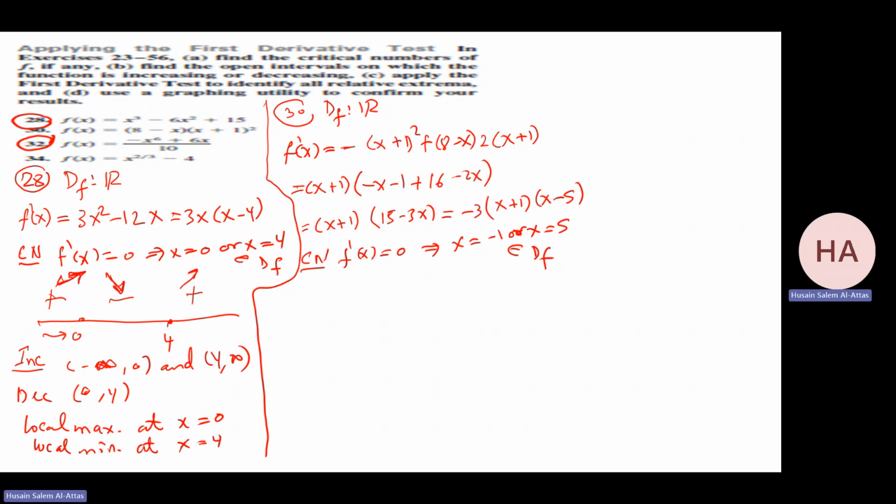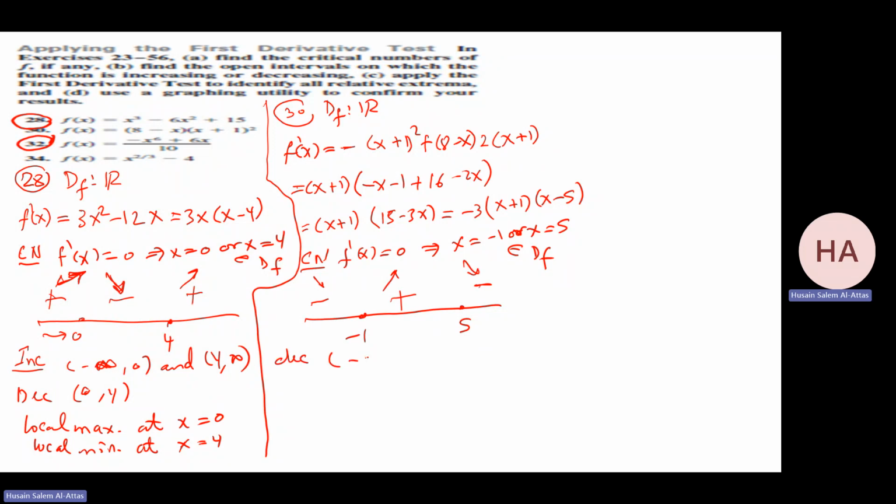Now I will go to the sign diagram for f prime. I have minus 1 and 5. Take a value less than minus 1, for example minus 2: negative, negative, negative. That will make it negative. Take 0. It will be positive. Take 6, positive times minus, so it's negative. So it's decreasing, increasing, decreasing.